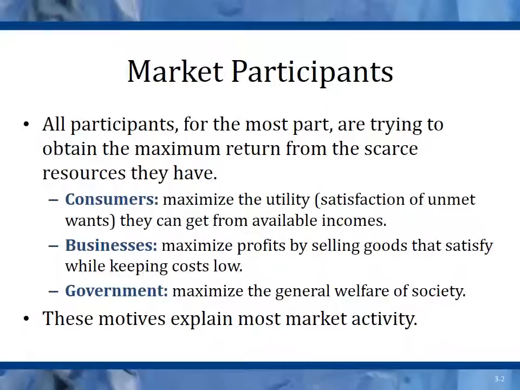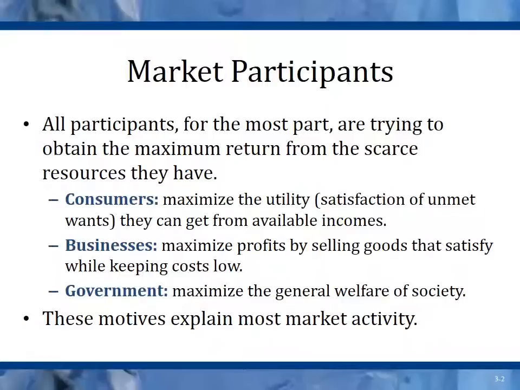Businesses want to maximize their profits. They don't want to make only some of the profit that they possibly could. If we do everything right, we can make 100 million a year, but we're just going to relax and only make 10 million this year. That's not how business works. So they want to maximize their profit, and government wants to maximize the general welfare of society. At least that's the goal. Many people have very strong opinions on government and government's role in society, and oftentimes it seems like government is just trying to get more power for itself.